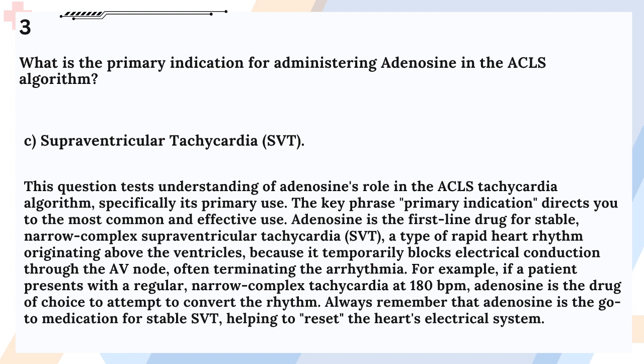For example, if a patient presents with a regular, narrow-complex tachycardia at 180 bpm, adenosine is the drug of choice to attempt to convert the rhythm. Always remember that adenosine is the go-to medication for stable SVT, helping to reset the heart's electrical system.